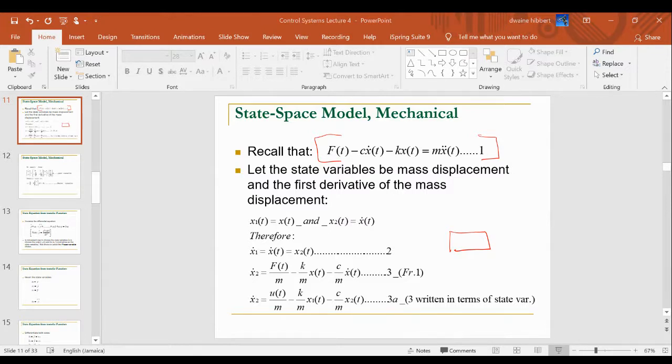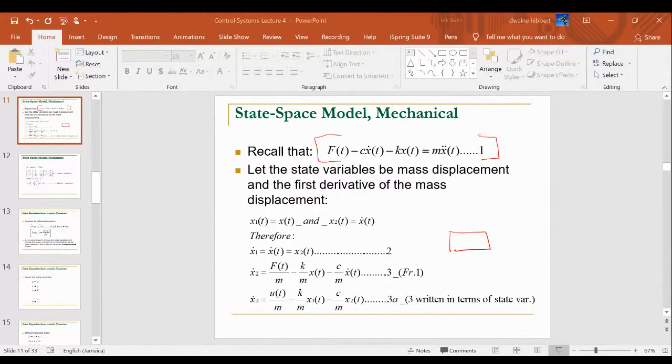State space model mechanical, and I see the writing, and recall that F of t minus. But you weren't seeing that before? No, I was not. I'm really sorry. I'm not sure what was taking place, but let me know if it continues. All right, so we're seeing the annotations on the screen now.